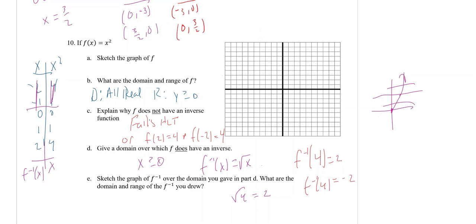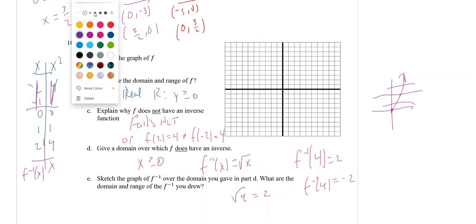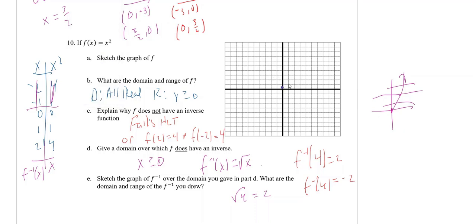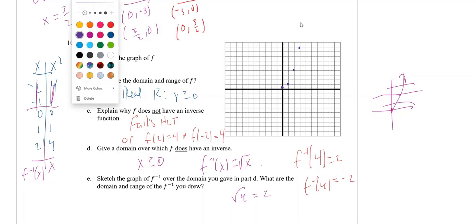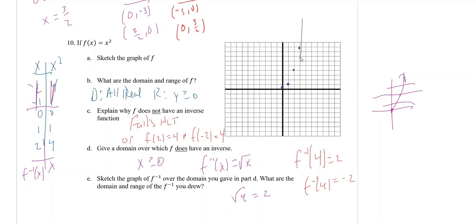Looks like this. Let's draw both functions more carefully. So for f, 0 goes to 0, 1 goes to 1, 2 goes to 4, and 3 goes to 9. It looks like that.